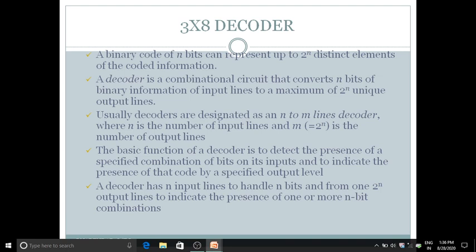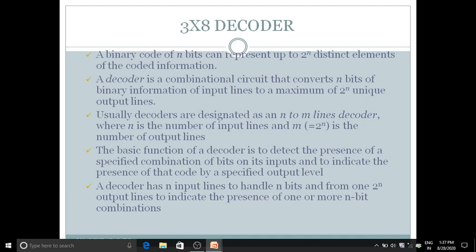So we can have different types of decoder depending on the number of bits present in the code that is applied at the input of the decoder. If only 1 bit is applied at the input, then it becomes a 1 to 2 line decoder, since the number of output lines is 2.